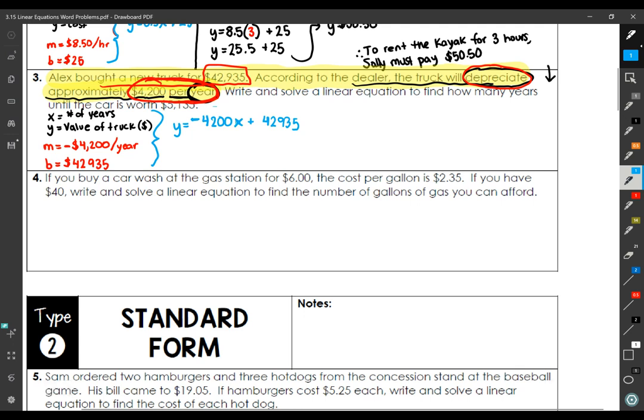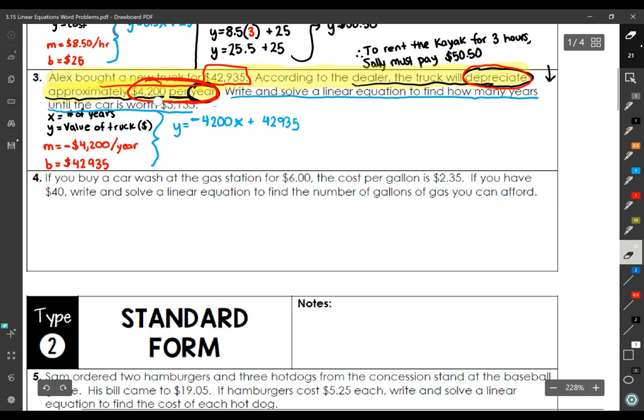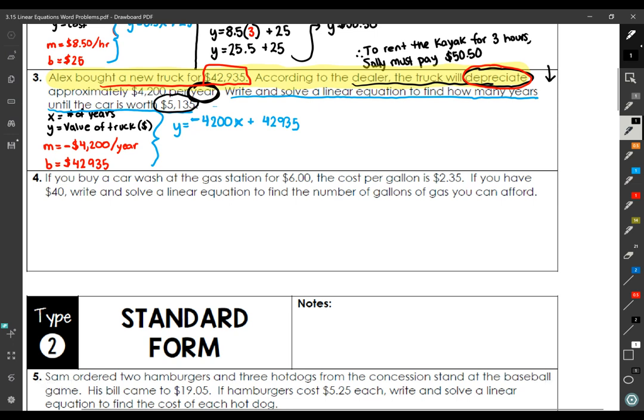So now let's move on to the second part of the question. Write and solve a linear equation to find out how many years until the car is worth $5,135. Let's pause there and let me ask you, are they giving us x or y?